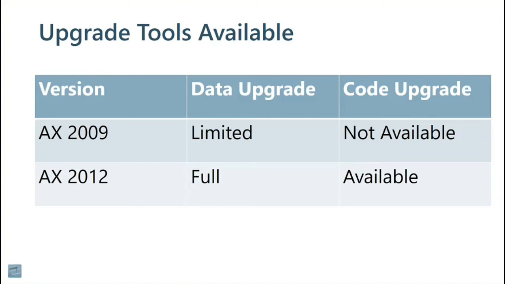And then the new migration utility is being used to put that data into the new format, which is data packages. And then it's using the new framework in Dynamics 365 to bring that data in. So that's kind of from a technology standpoint.